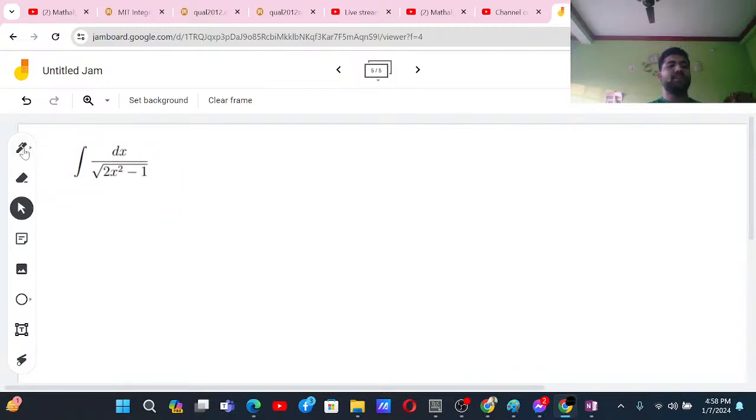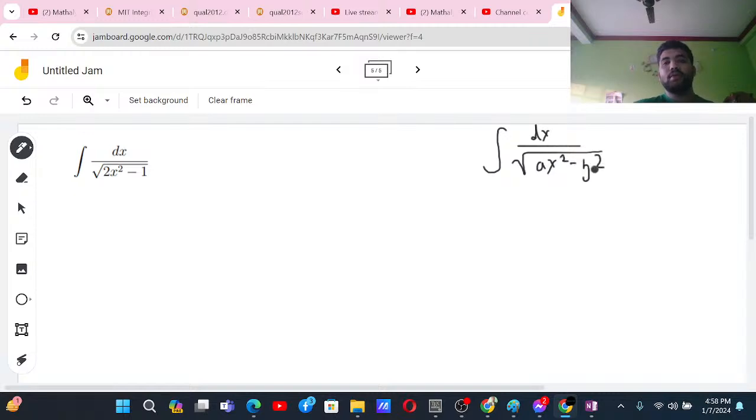So this is a pretty standard problem. You know that if we have dx by root under ax square minus b square, so this is just ln of x plus root x square minus b square plus c. Actually there's no a over here in the standard formula.